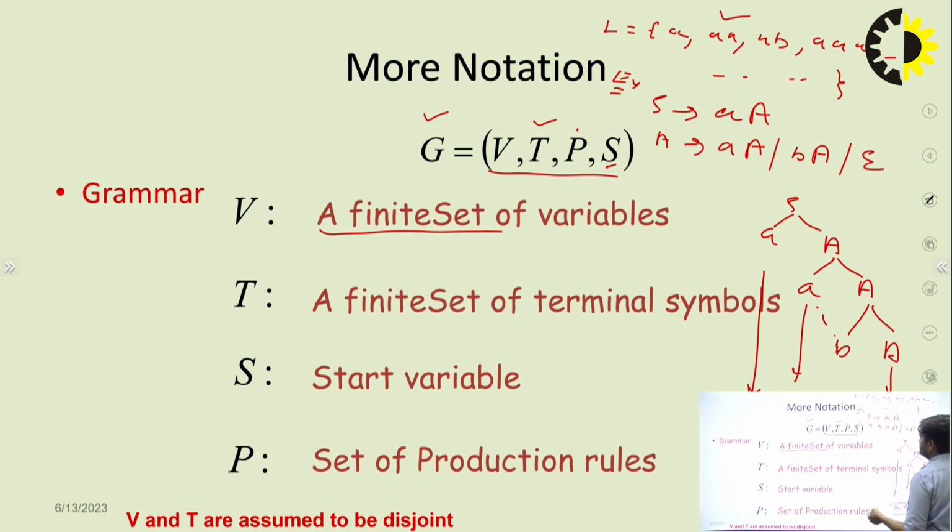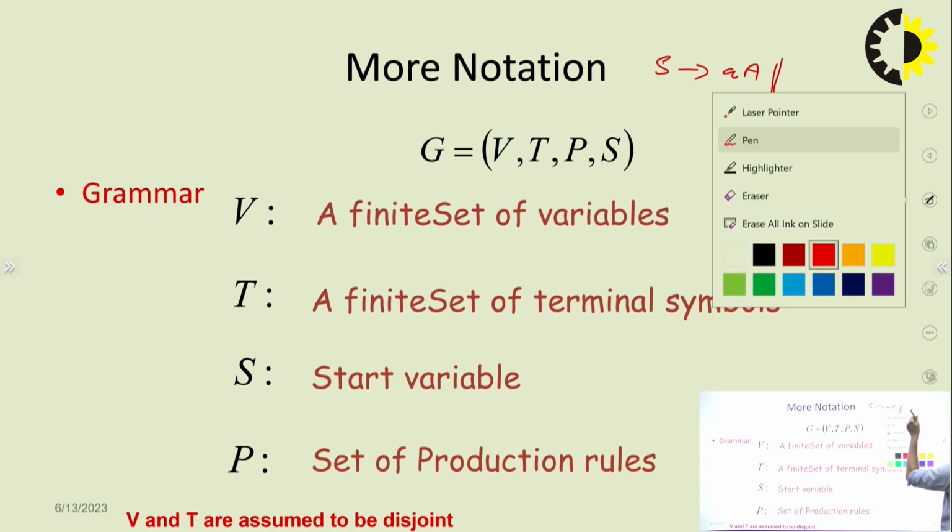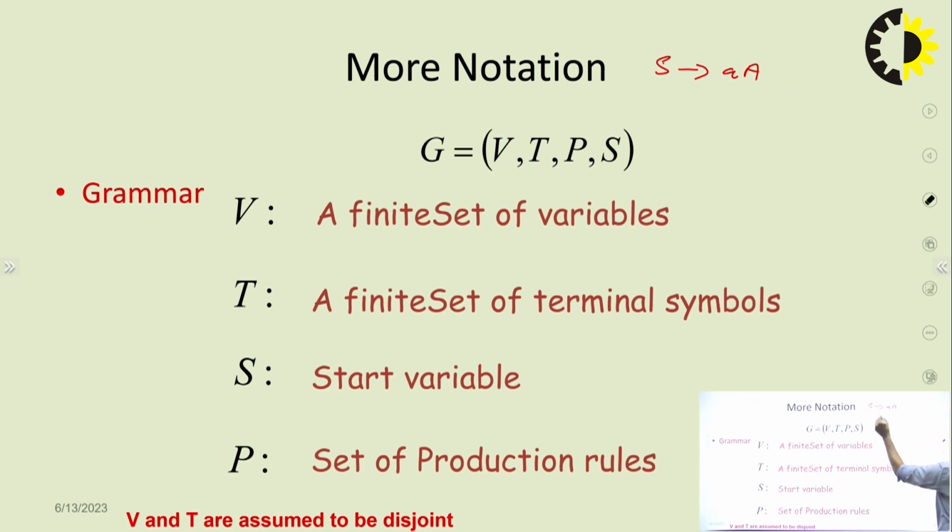Next we define how to define the grammar. Here we define a grammar: the production is A, next A is A starting with A, B, A and epsilon. The notation of a grammar is defined as follows.